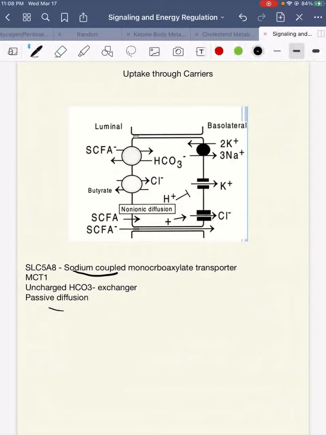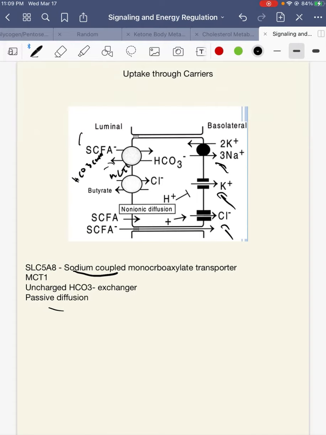So this is your sodium potassium pump. This is calcium channels. This is chloride channels. Short chain fatty acids are here, and to get in, this one in the picture would be your uncharged HCO3 exchanger, and then this would be MCT1.